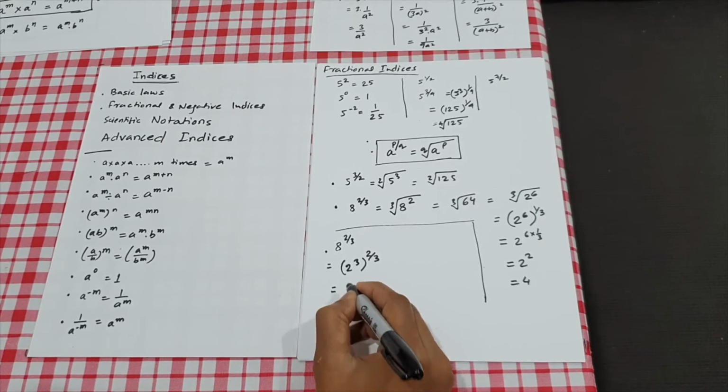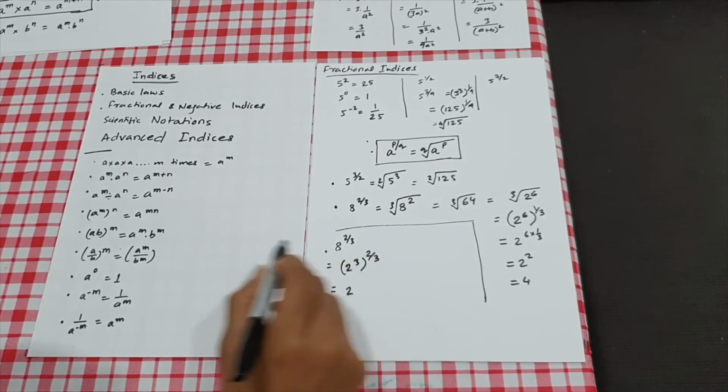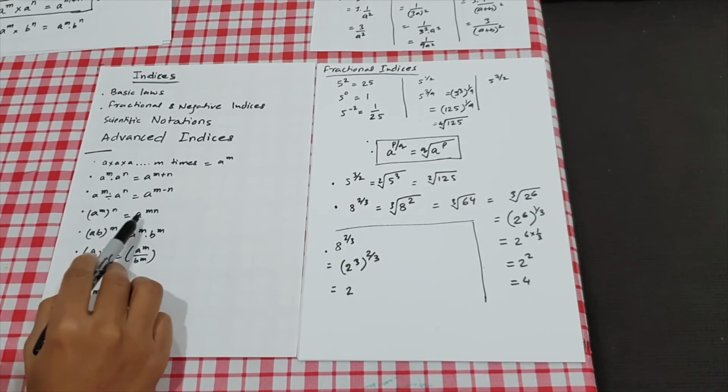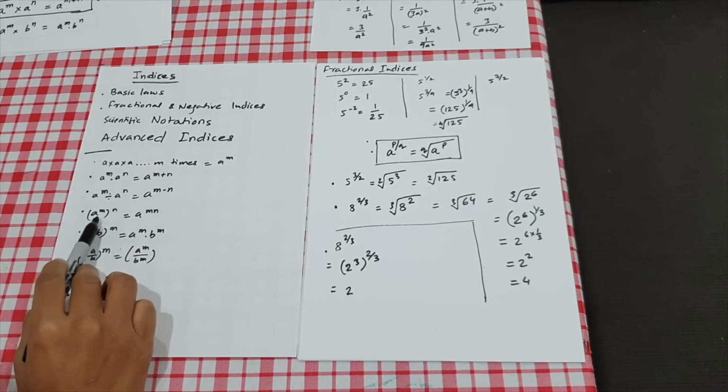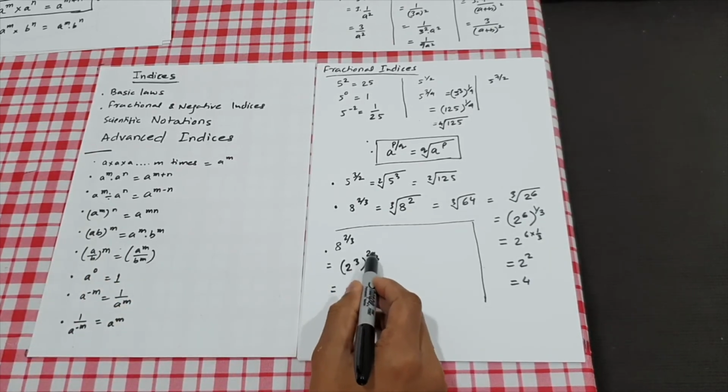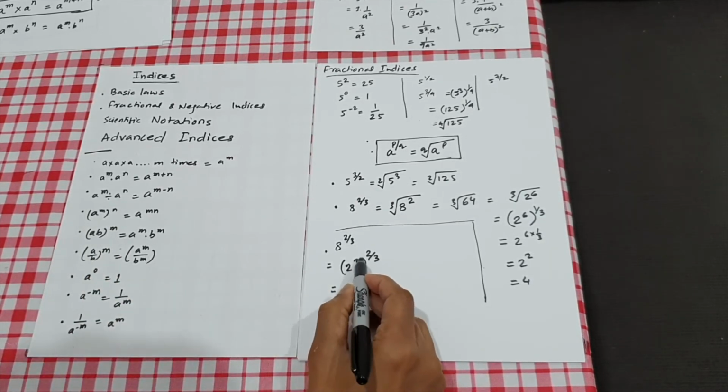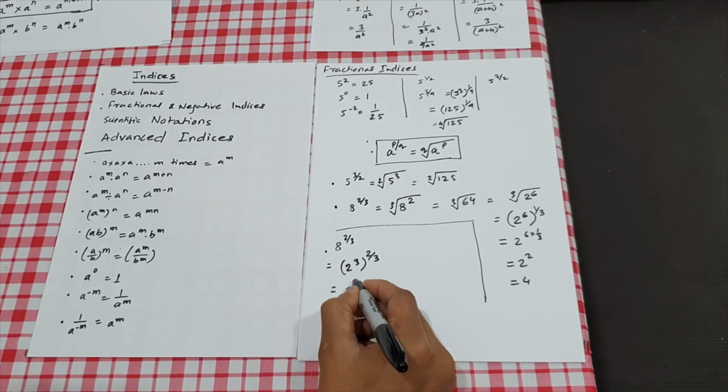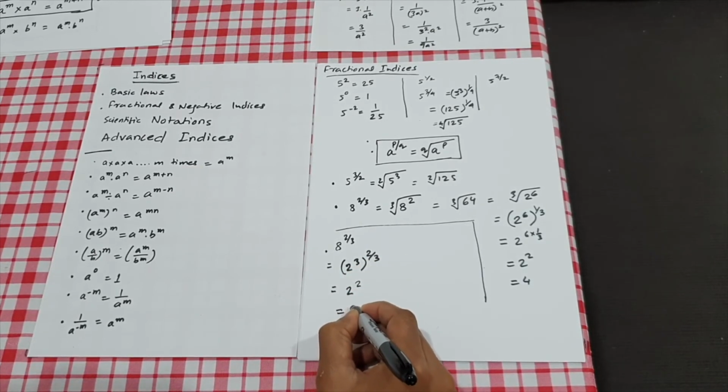So 2 to the power 3, because we can use this identity now, that when you have an index to one power of index, you can multiply the indexes. So 2 to the power 3 and to the power of 2 by 3, you can multiply these indices. These 3s get cancelled out, you get 2 to the power 2, which is equal to 4.